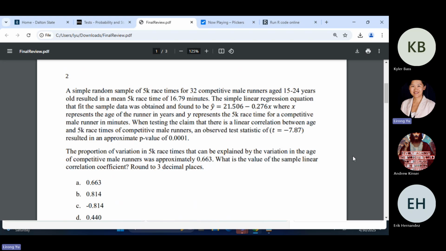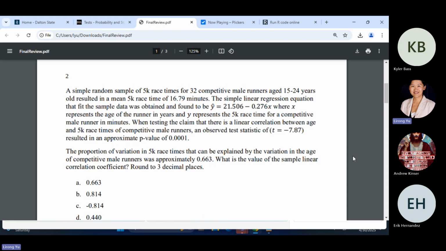The simple linear regression equation that fits the data is already given. We're testing the claim that there's a linear correlation between the age and 5K race times. Okay. X represents the age, Y represents the race time.